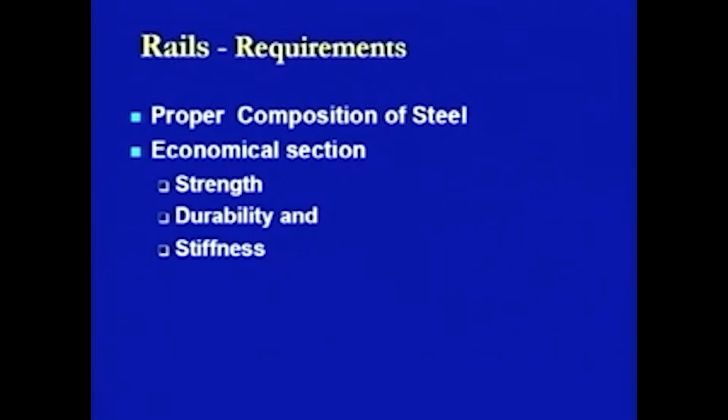The three aspects which need to be taken care of are strength, durability and stiffness. We cannot compensate for, eliminate or reduce any of the aspects related to these three things. The strength which is required should be there, and the rail should be durable enough.